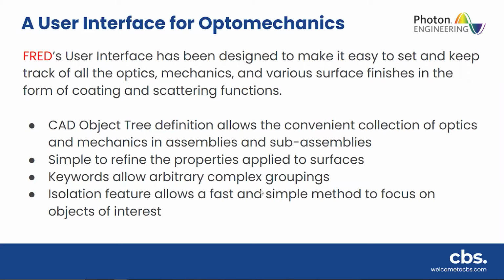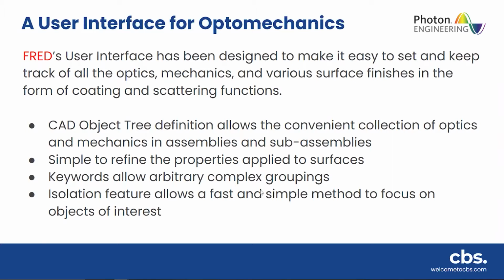So we have a CAD object tree definition, and that allows us to conveniently group optics in folders or mechanics. So we can group them in either assemblies or sub-assemblies. It's very simple for us to define and refine optical properties applied to our optical model.